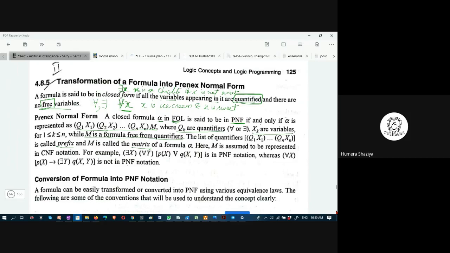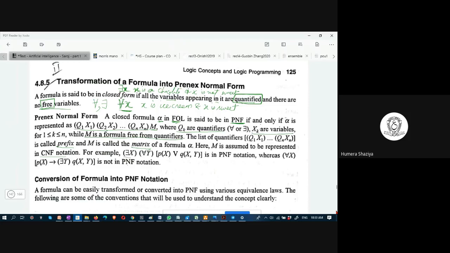And M is assumed to be represented in CNF. What is CNF? Conjunctive normal form. We already learned conjunctive normal form. The formula M is in CNF notation.